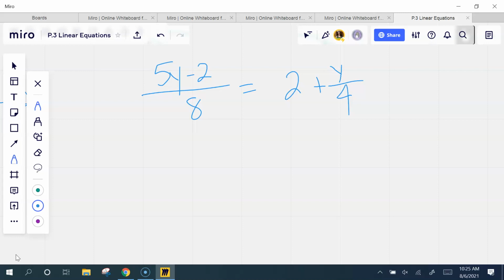I'm going to give you a second to go over that. Do I have any ideas what we should do? Okay, how might we do that? If I subtract the 2, what's that going to do for me?